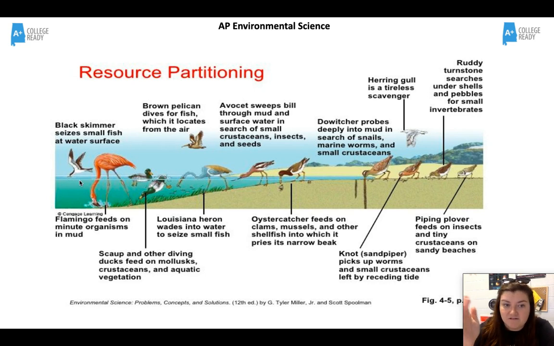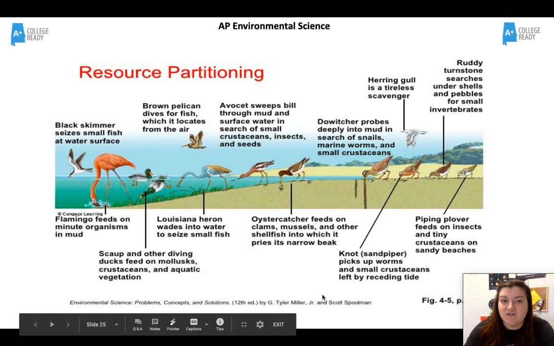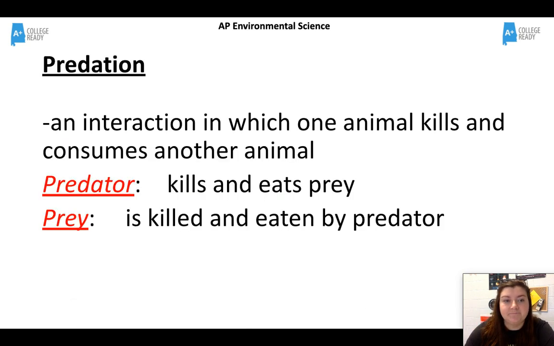They're adapted to that, right? And they go down further into the water. So everybody's adapted to their own particular area, right? So although technically all of these bird species are in competition with each other, they are not necessarily fighting or competing for the exact same area of the beach. So they're partitioning those resources in a way that allows them all to get what they need. Pretty cool.